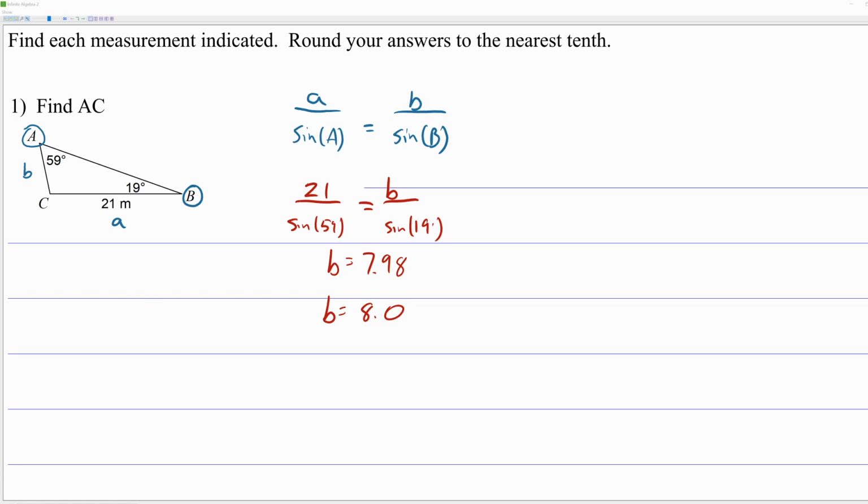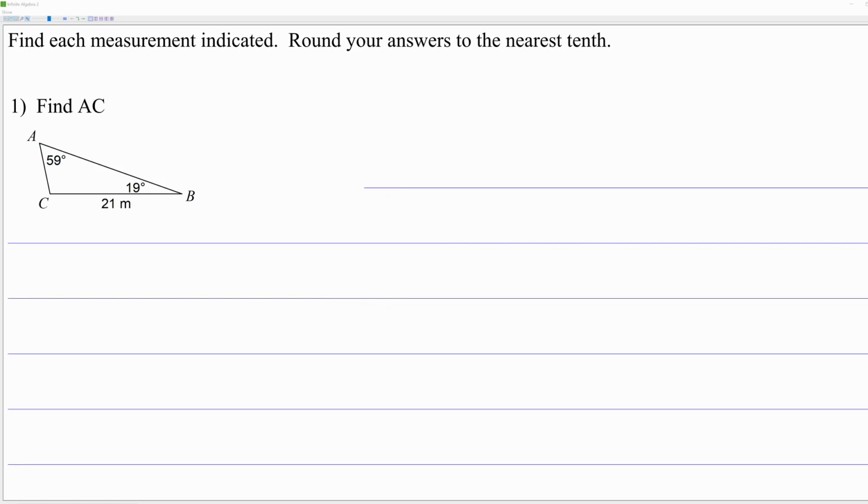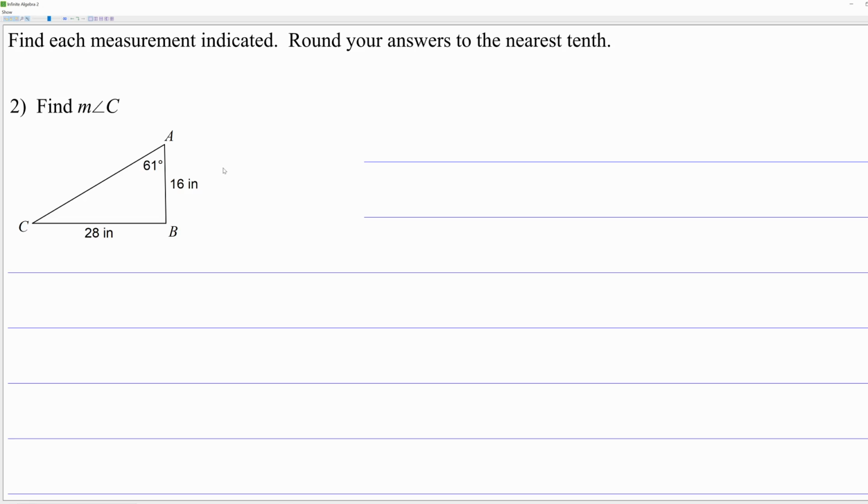So let's see another example. Here we're trying to find the measure of an angle. We want to find the measure of angle C. Well, this is exactly the same thing. Now, the thing about the law of sines, because it's basically just a proportion equation, you can turn it upside down.